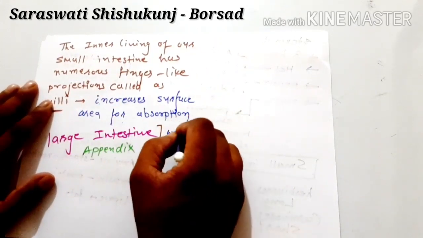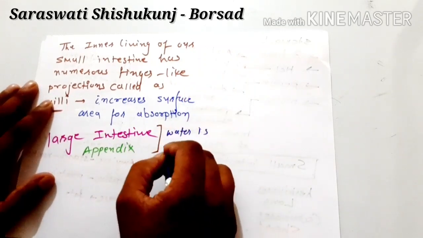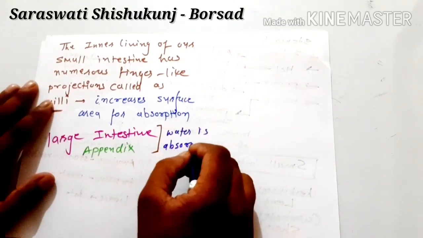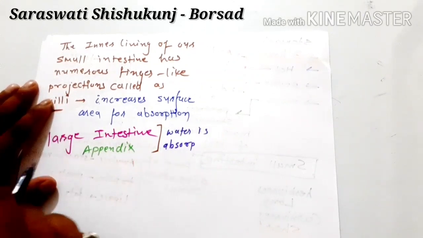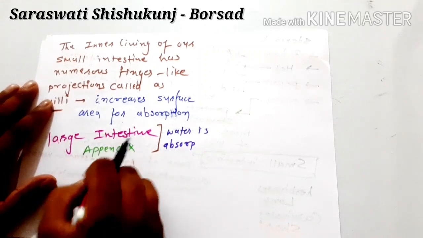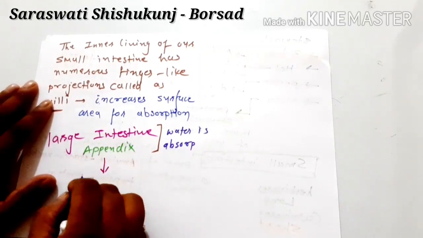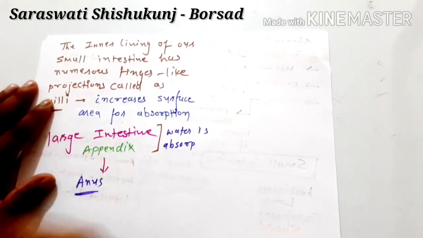Water is absorbed again in the large intestine, and the waste is sent to the anus, and by the anus food is thrown out, right?